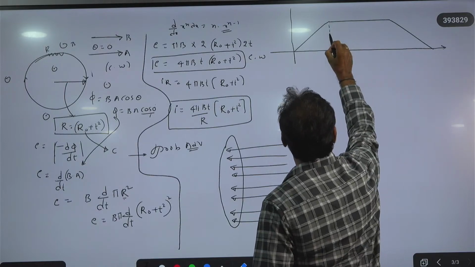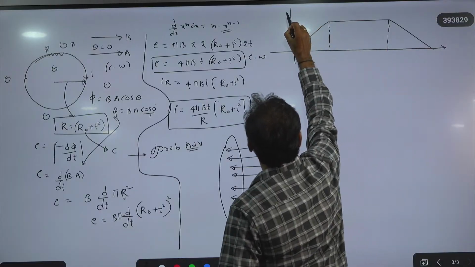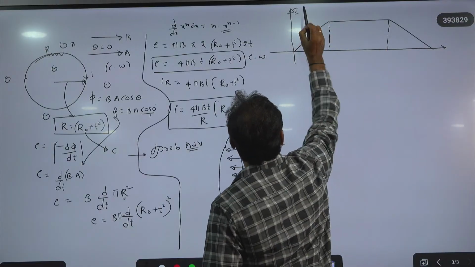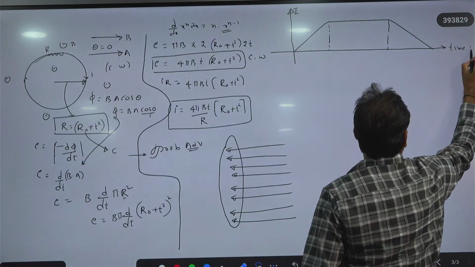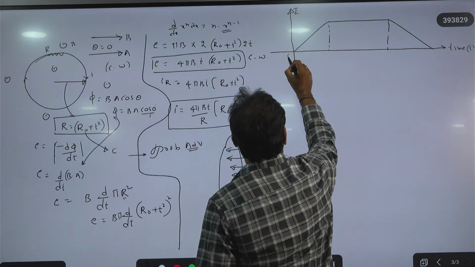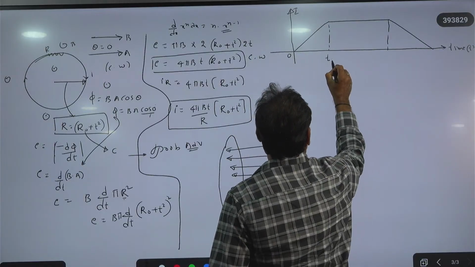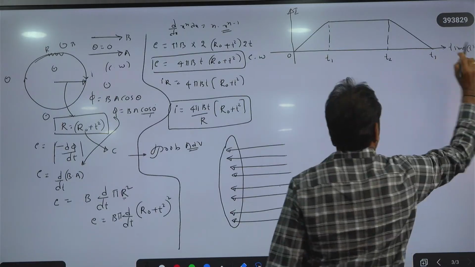This is a direction of induced current and time है. Induced current I with respect to time कैसा change हो रहा है. इधर टाइम को 0 ले, इधर t1 सेकंड्स ले, इधर t2 सेकंड्स है, इधर t3 सेकंड्स वाज गिवन.